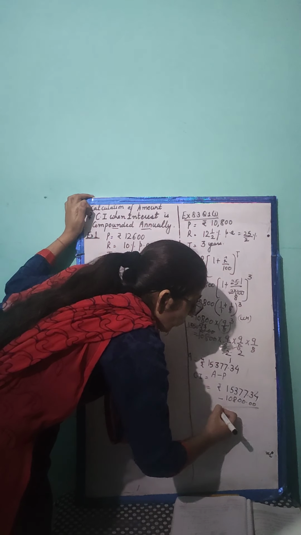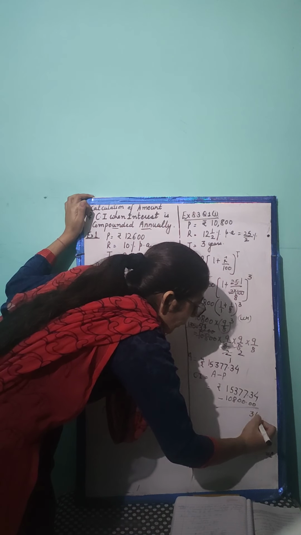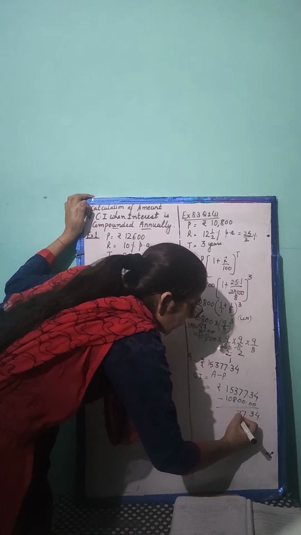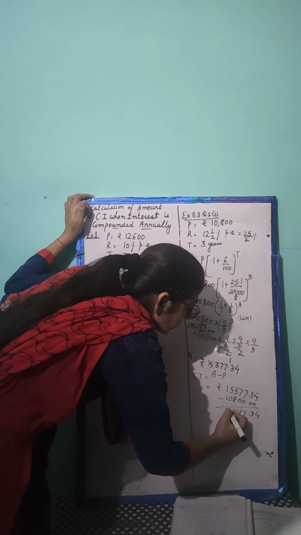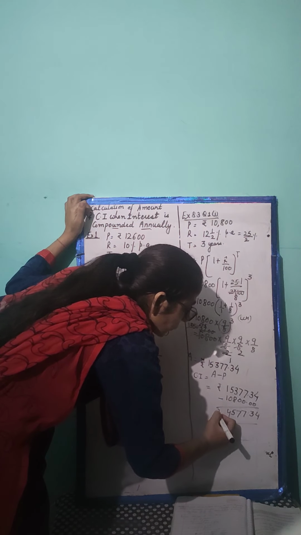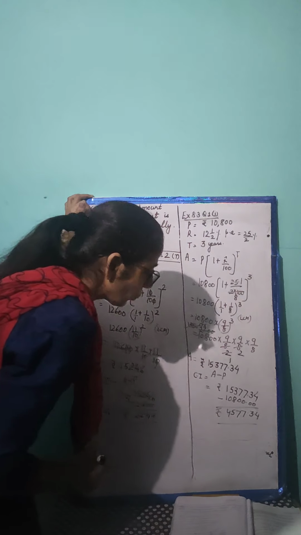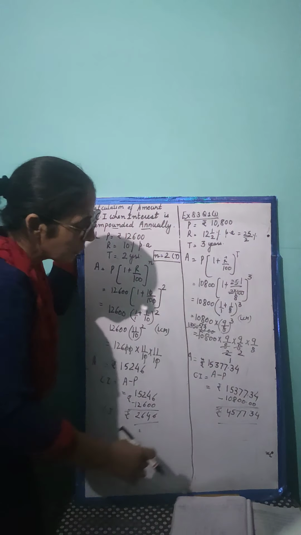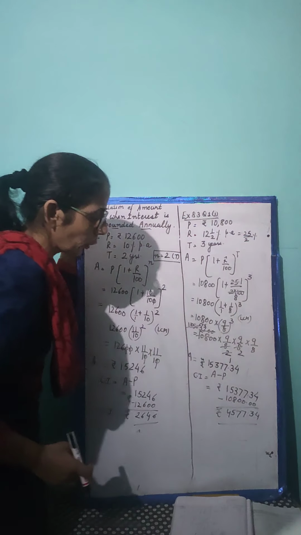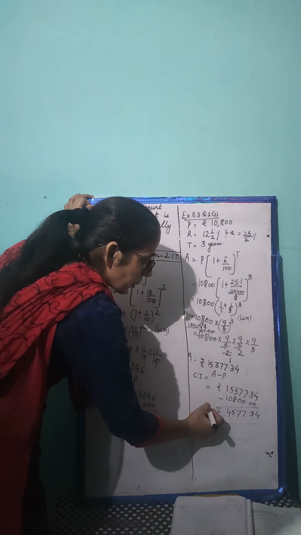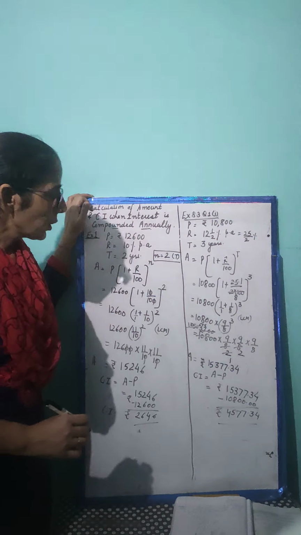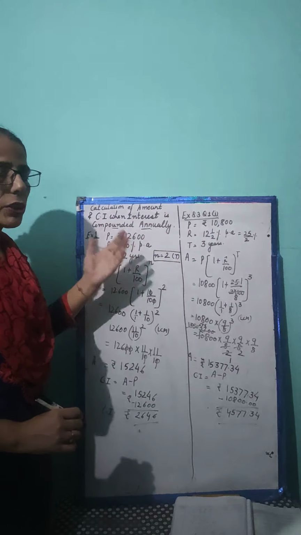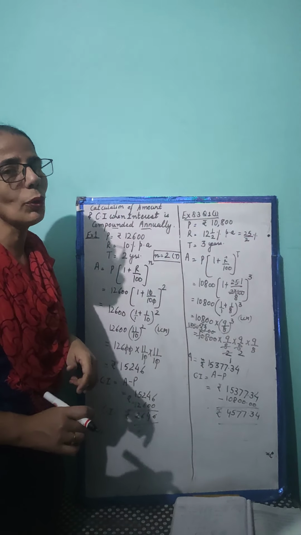So what am I going to get? That will be the compound interest. So what am I getting? Rupees 4,577.34 approximately. Got it? So these are the questions which are done by the formula only.